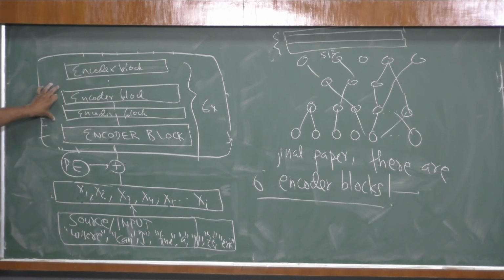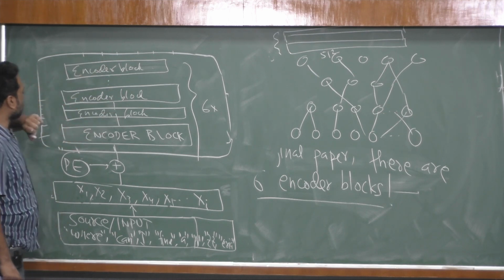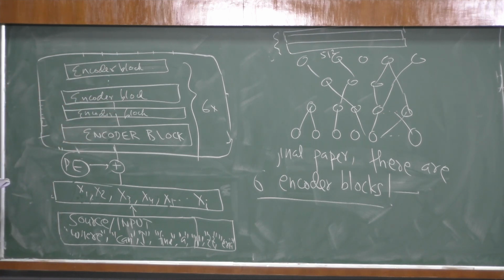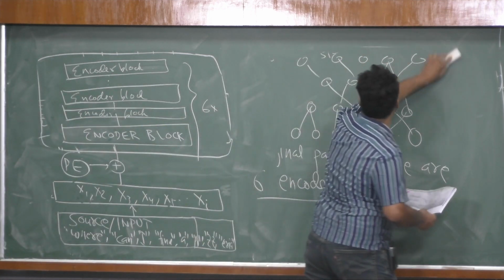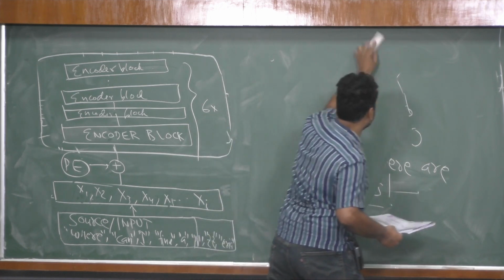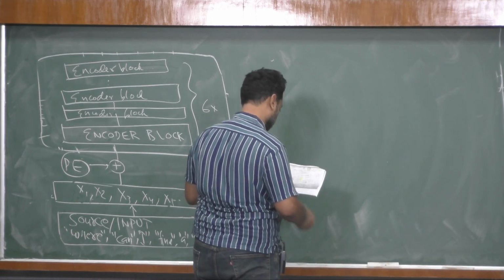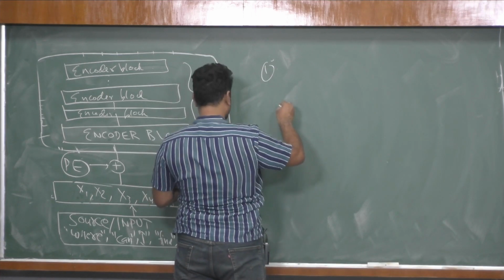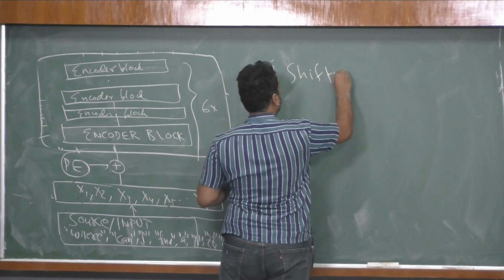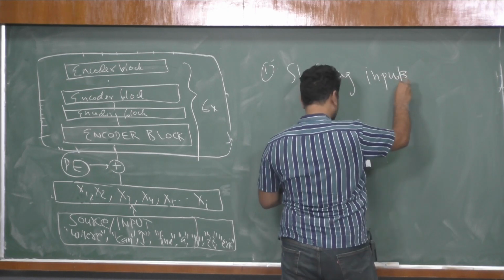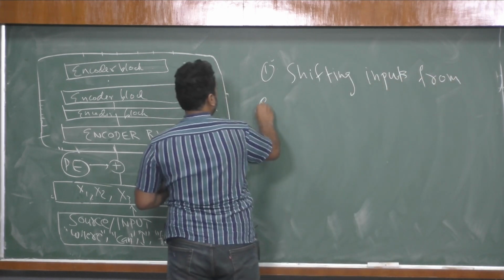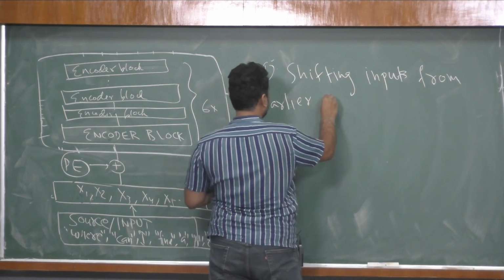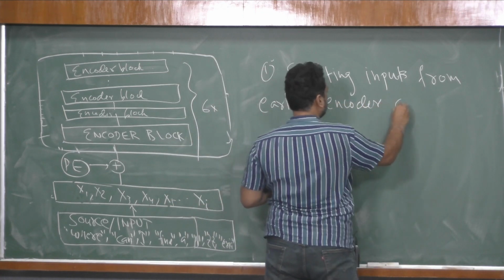So in the original paper, what they observed is that when they stack these, there is a problem in the original idea that we just have these neural networks and pass through; there are certain issues. For instance, I can write it here. Some of the issues that we have are that shifting inputs from earlier encoders adds noise.